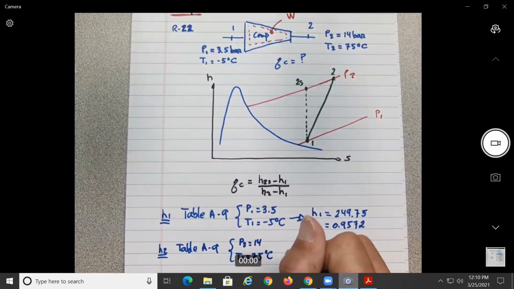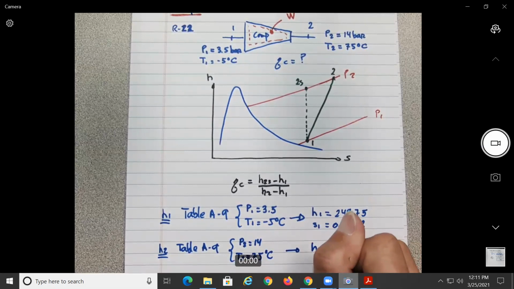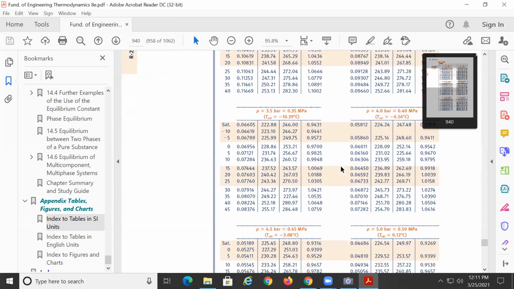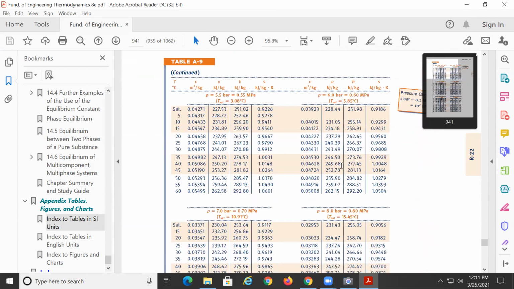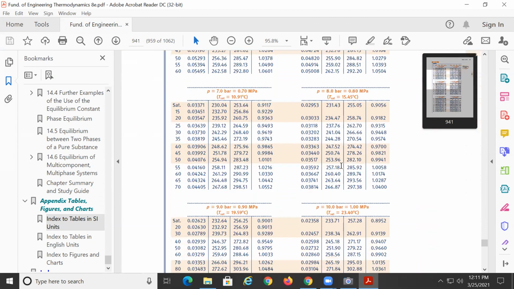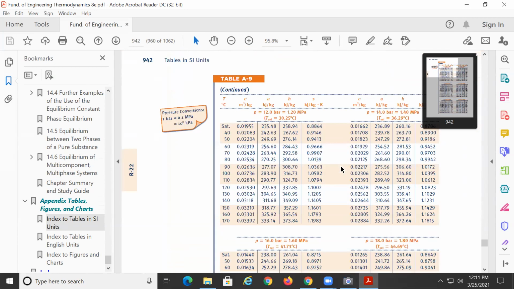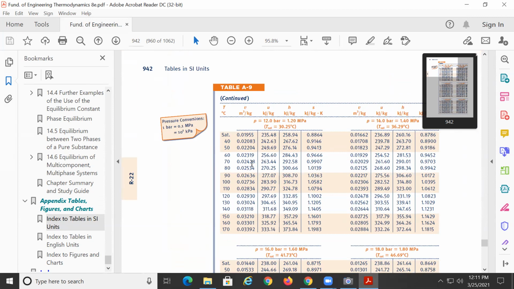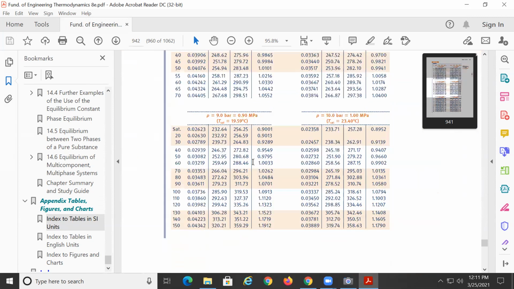So in this case, we only need one of them, H2. So we go to 14. Hopefully they have 14. Not willing to interpolate. Awesome, they have 14. I cannot remove that little figure here, I don't know why. And the temperature is, okay, 75, but it's pretty easy to do an interpolation, no?